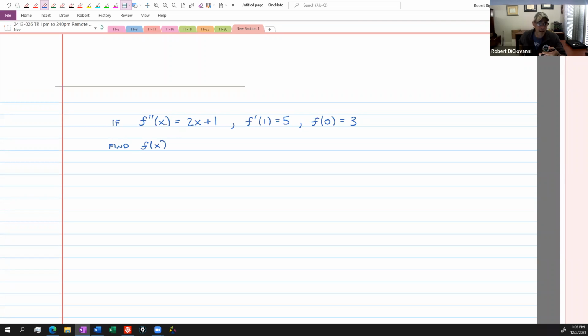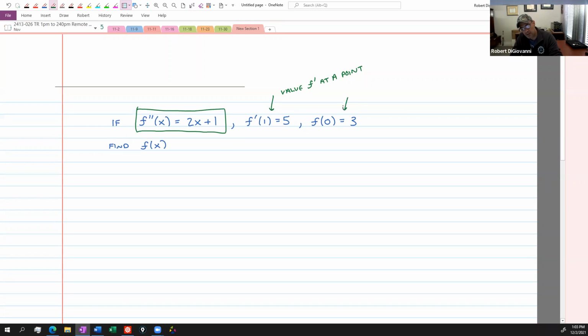They give you a bunch of information, and they ask you to find f of x. So I want you to think about what this is. They're giving you the second derivative, right? Then they're telling you the value of the derivative at a point. Not the value of the second derivative, the value of the first derivative at a single point. They give you one piece of information about the first derivative.